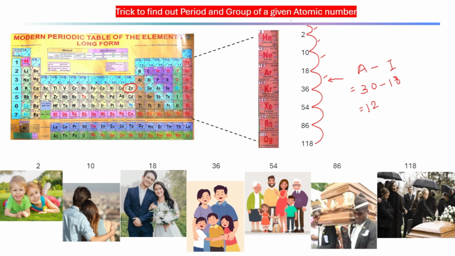So for that you just have to remember these inert gas elements' atomic numbers. If you remember that, you can easily calculate the period and group of any given atomic number. Now how to remember these values? To remember these values, you can take help of your ideal life story or your ideal love life.